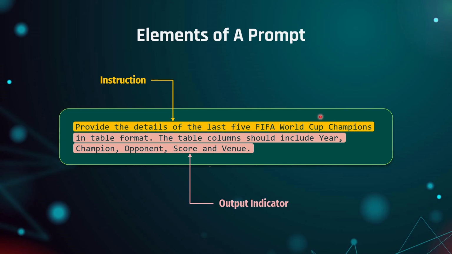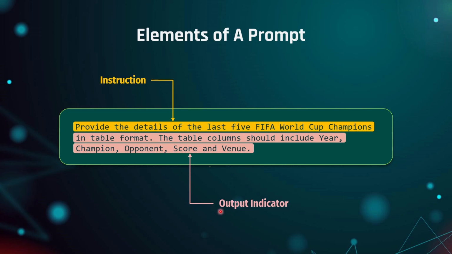Okay, so if instruction defines what to ask ChatGPT, then output indicator pretty much defines how to ask ChatGPT, right? So output indicator, এটা basically আমাদের output format, right? আমি ChatGPT কে দেখিয়ে দিচ্ছি how it should format the output.